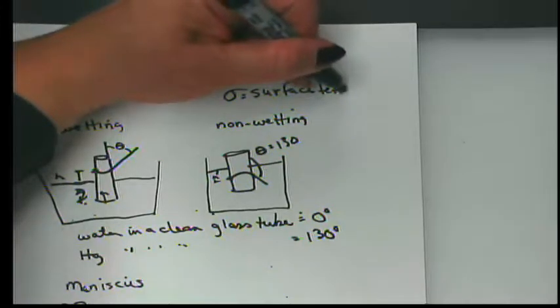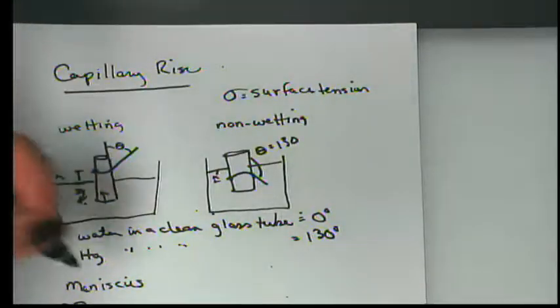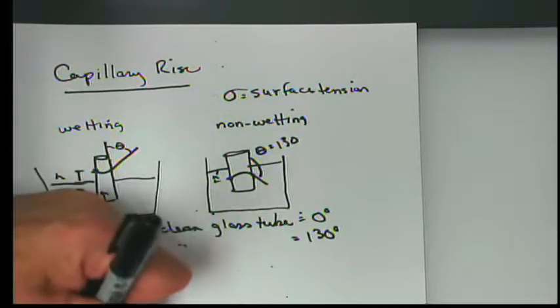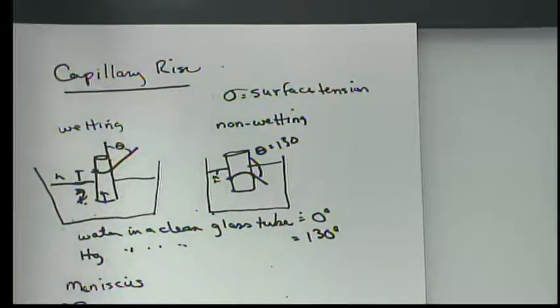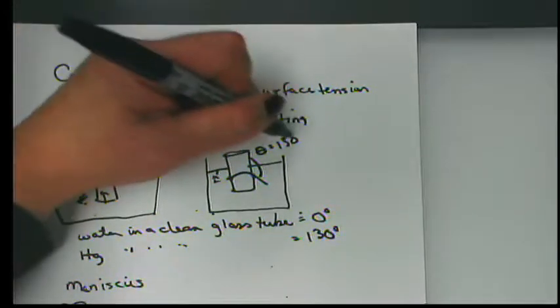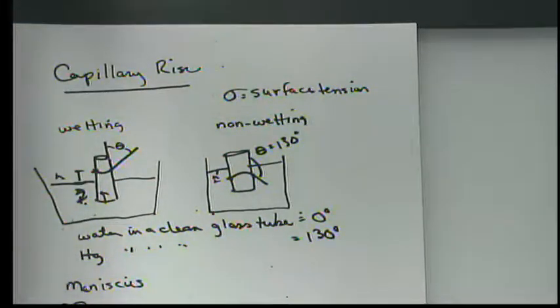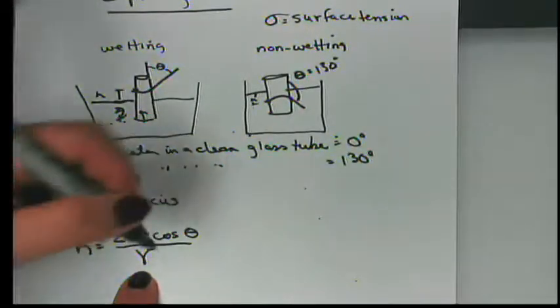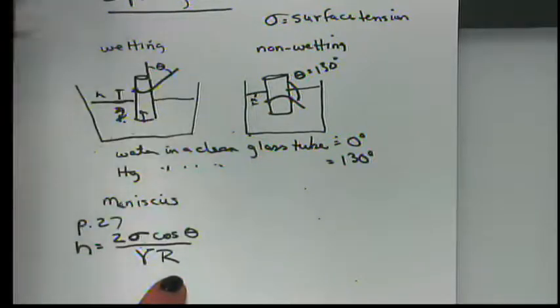The surface tension times the cosine of that angle, which once again is going to be less than 90 for a wetting fluid and greater than 90 degrees for a non-wetting fluid, divided by gamma, which is the specific weight of the fluid. And divide again by the radius of the capillary tube, and you'll get a height.